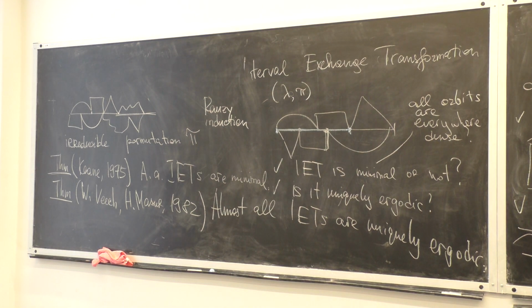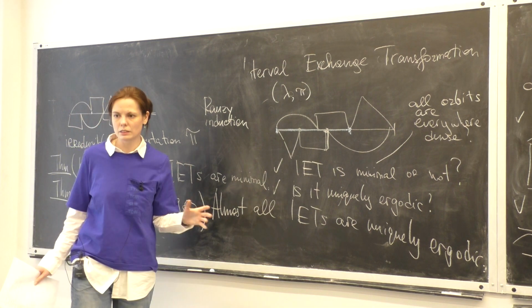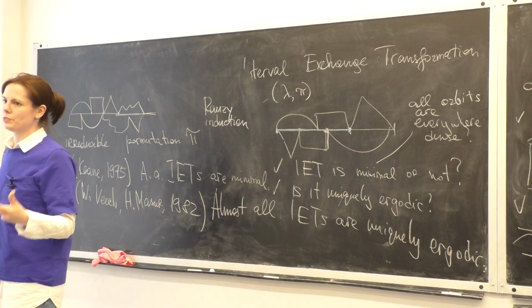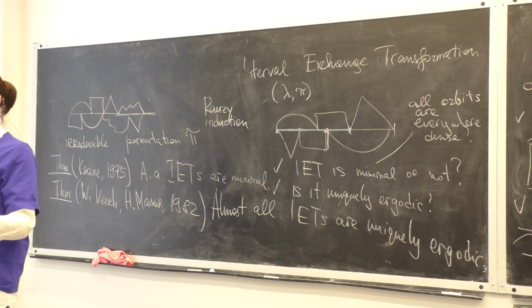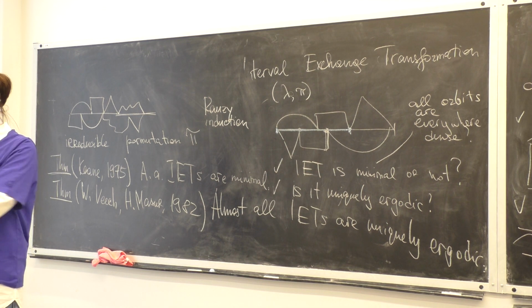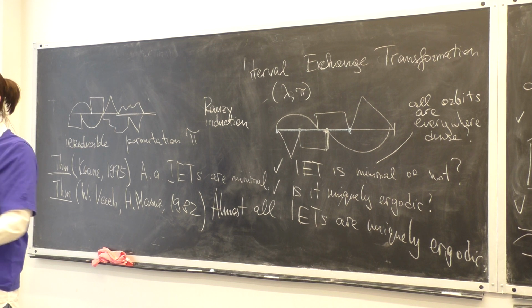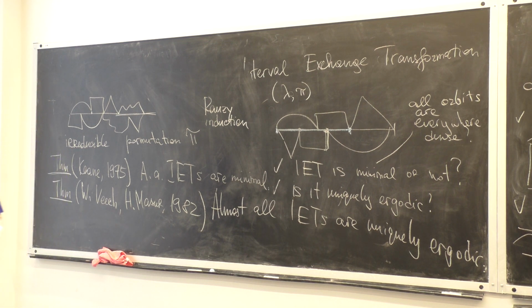It's called the Arnoux-Rauzy interval exchange transformations, and you will have 7 intervals, but just 3 of their lengths will be independent. All other 4 can be expressed in terms of these 3 with rational coefficients, with integer coefficients.